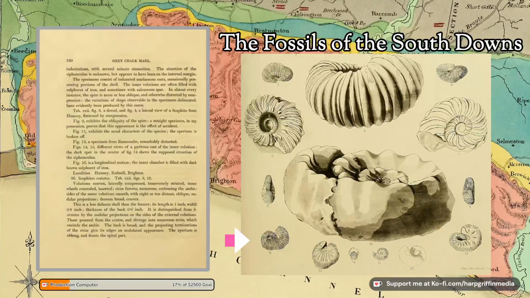Figure 11 exhibits the usual characters of the species. The aperture is broken off. Figure 13, a specimen from Ranscombe, remarkably distorted.